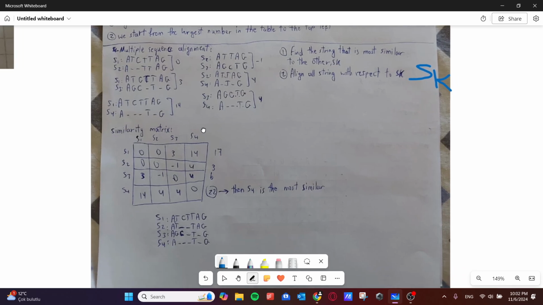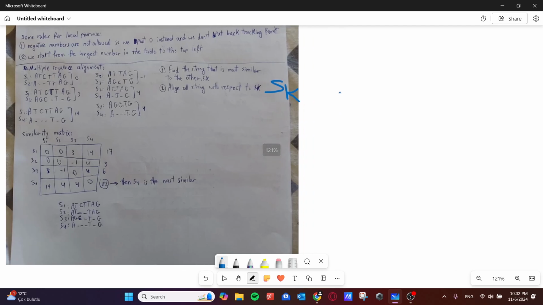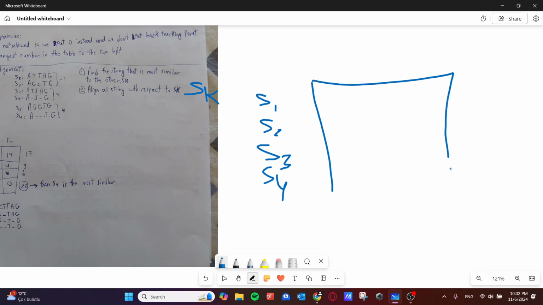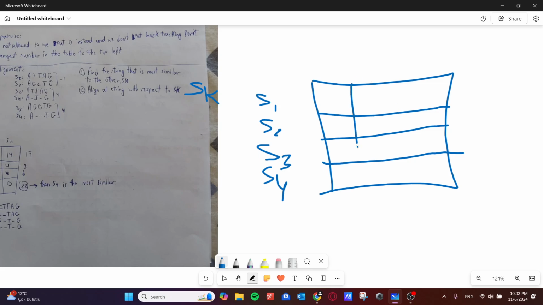I do the similarity matrix. So what is the similarity matrix? We put all the strings, one, two, three, and one, two, three. This is 2, this is 3, this is 4.